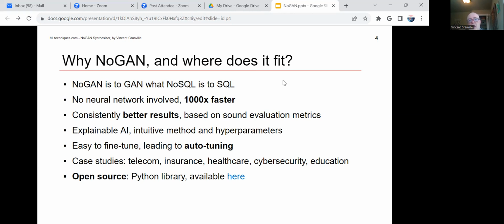This is not just for NoGAN, but for any kind of synthetization related to tabular data, so you can use that metric. The NoGAN Python library itself is just being created. I need to spend some more time on it before sharing with everybody and saying it's working fine. It's just been released in the last 2-3 days.